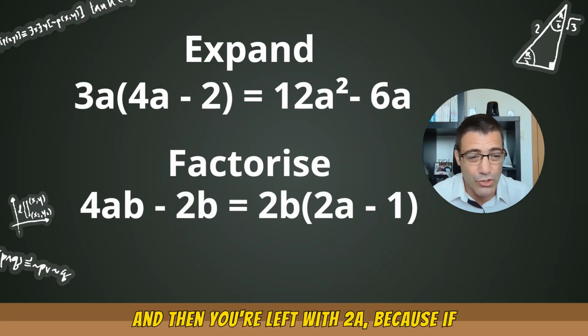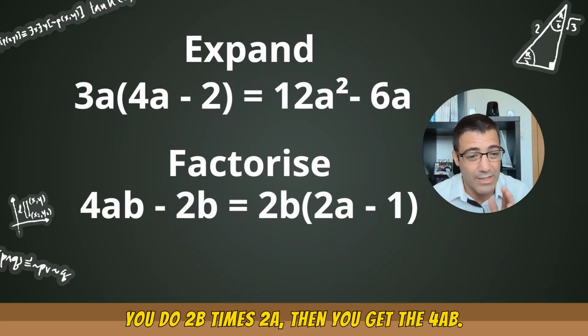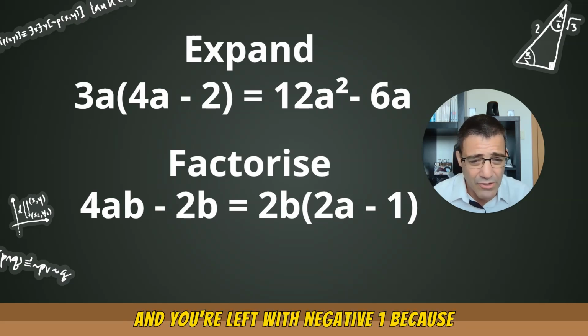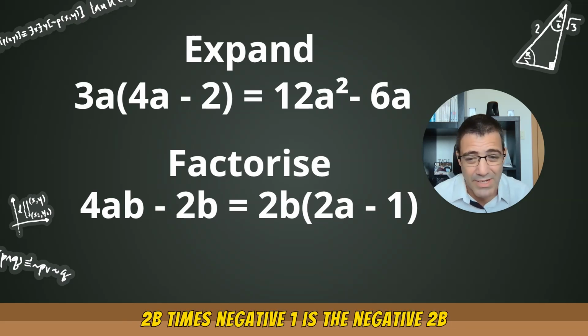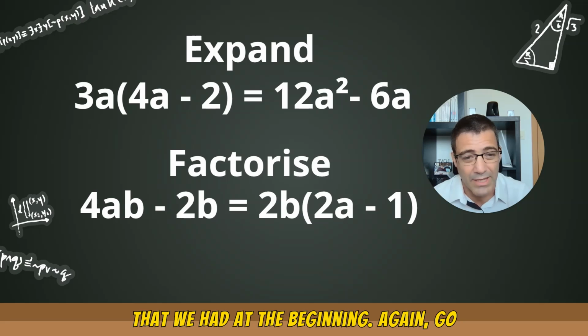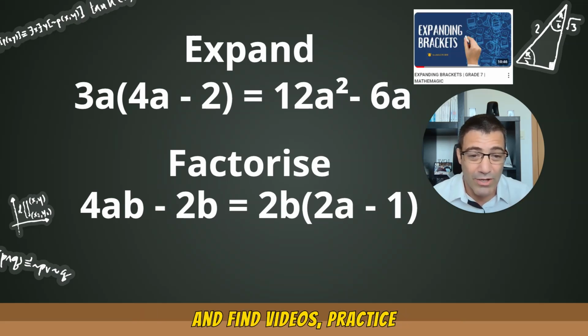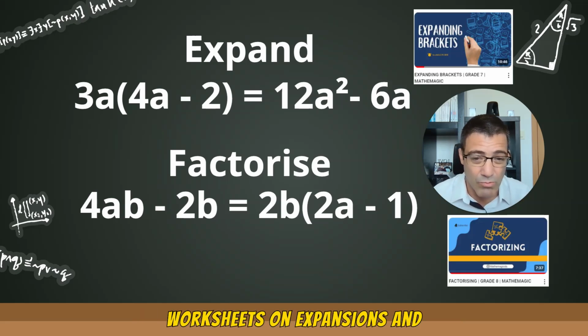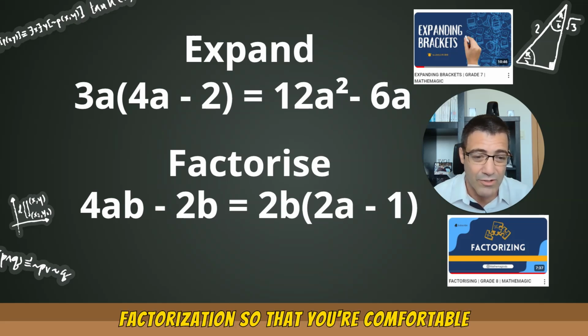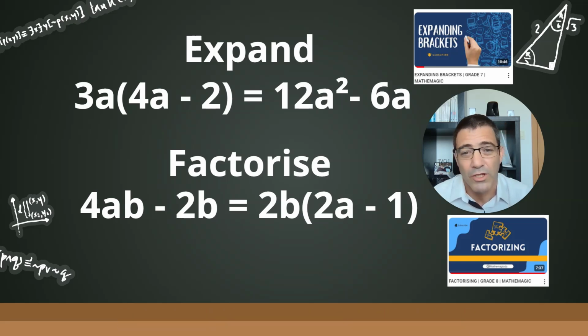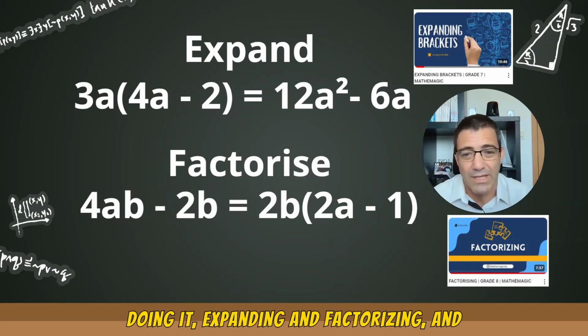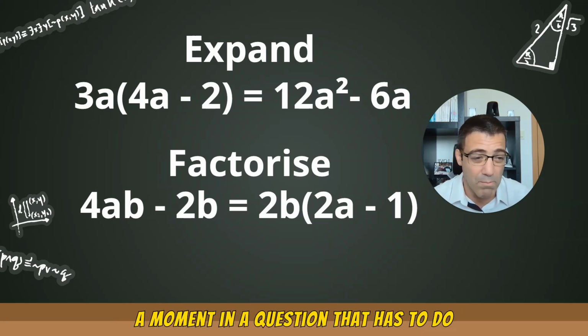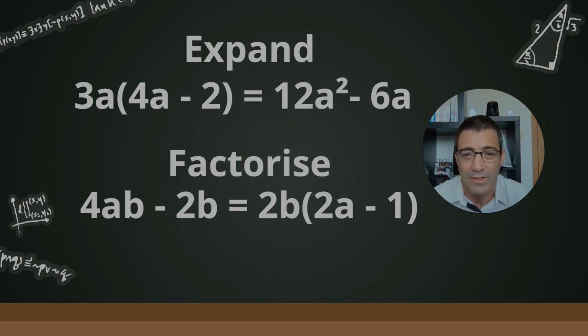And then you're left with 2a, because if you do 2b times 2a, then you get the 4ab. And you're left with negative 1, because 2b times negative 1 is the negative 2b that we had at the beginning. Again, go and find videos, practice worksheets on expansions and factorization so that you're comfortable expanding and factorizing, and that you have no trouble when you come to a moment in a question that has to do with that.